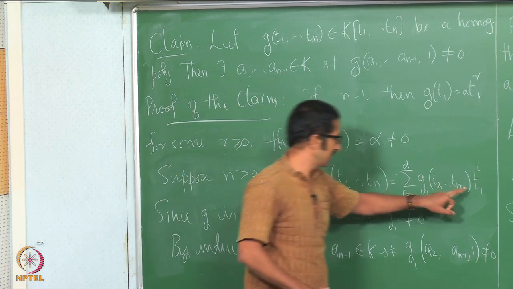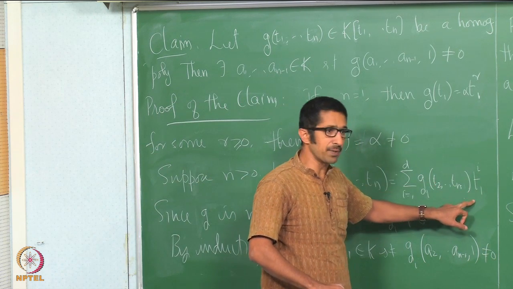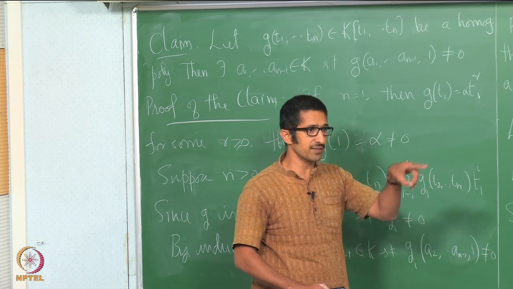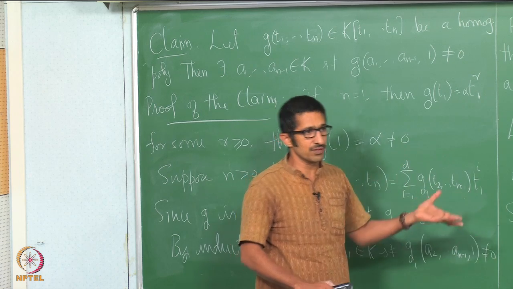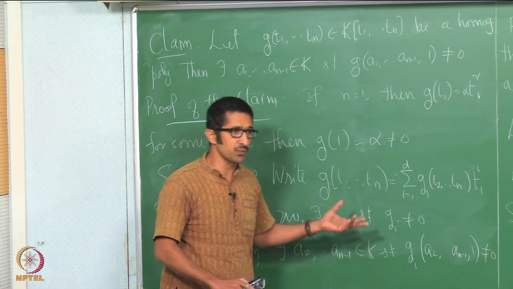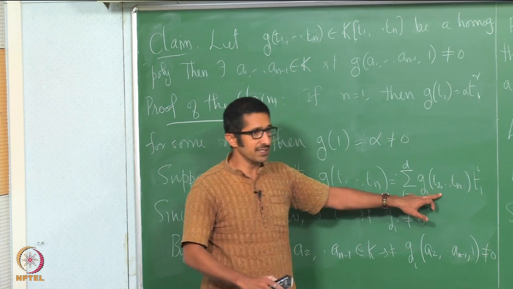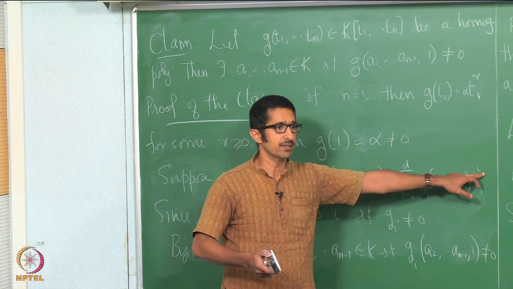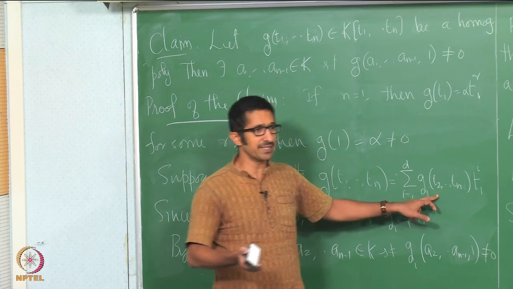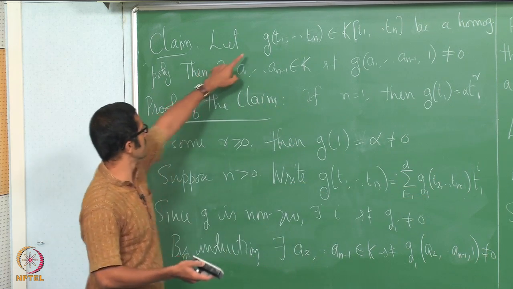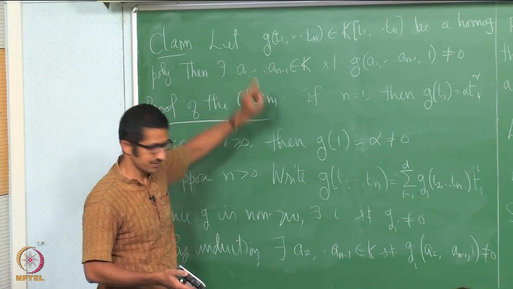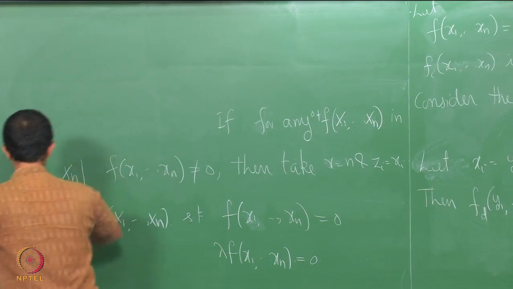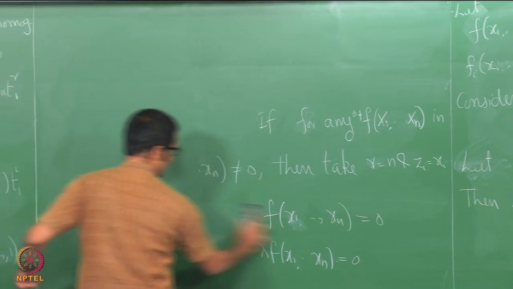So, if I take t1 power i, each of the rest of the terms will have degree d minus i; the degree of g_i will precisely be d minus i if I assume the degree of g is d. Okay. So, now for this corresponding i, g_i is non-zero.